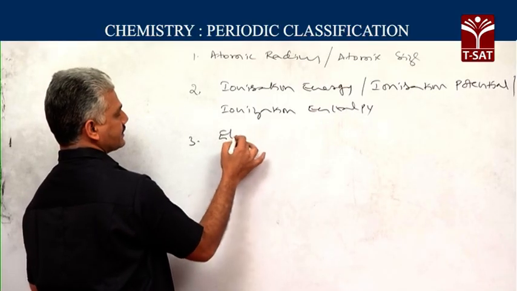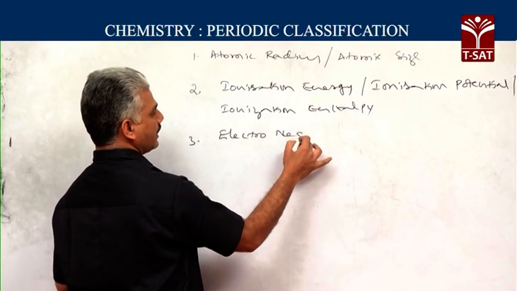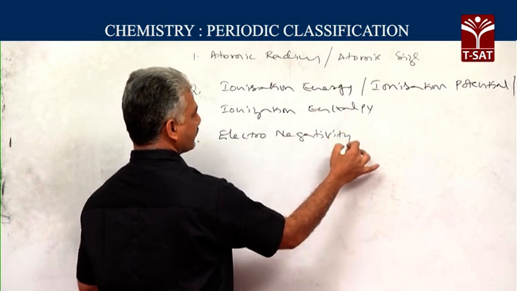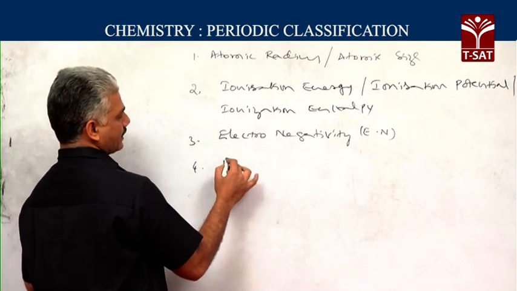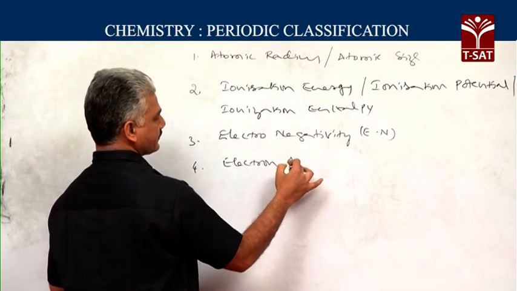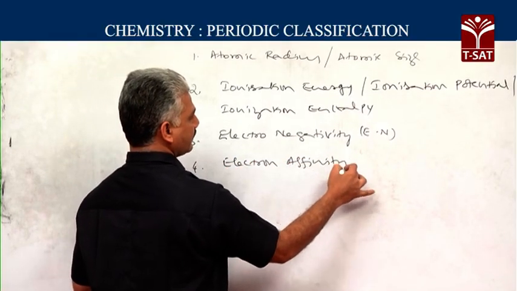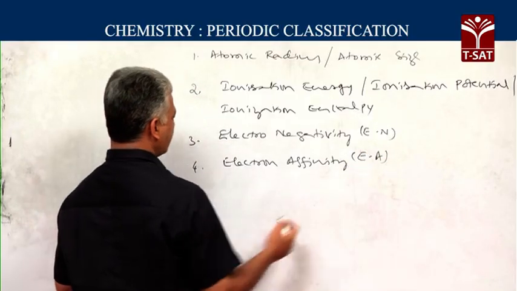Next property is electronegativity. In short, it is called En. Electron affinity, in short called Ea.